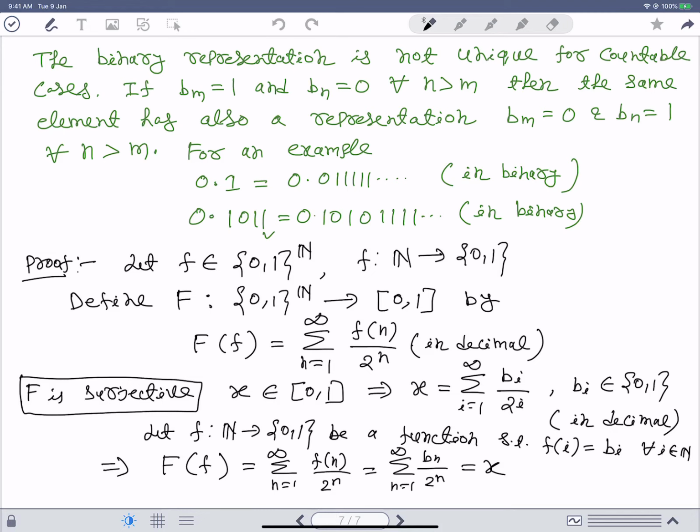Now if we delete a countable number of points from the left hand side, then the cardinality will still be the same as before, and then we can make a bijection. Okay, so in this way we can find a bijection from this set to this set. So in this case we can roughly say that this function is almost a bijection.